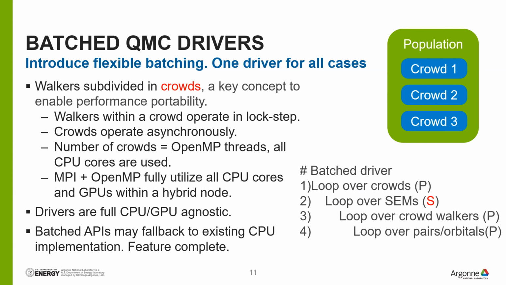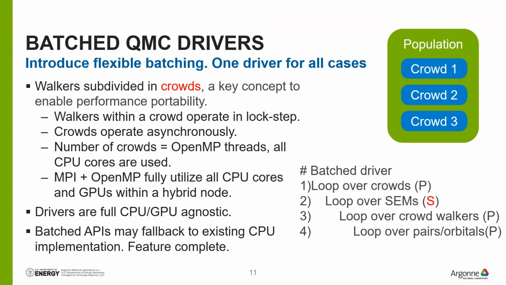By doing this change, we have a new driver that is fully CPU/GPU agnostic, because the difference between CPU and GPU is hidden at the fourth loop level. Those details are taken away from the top design, the top hierarchy of the code.